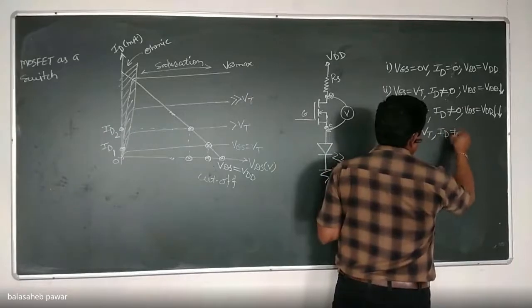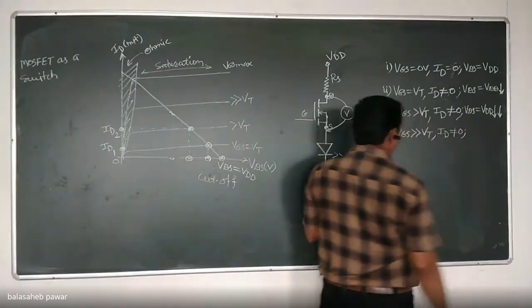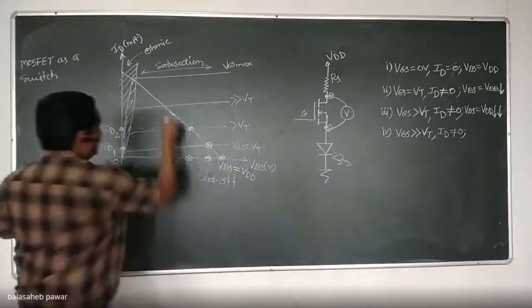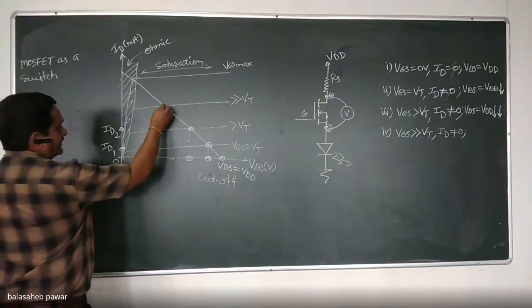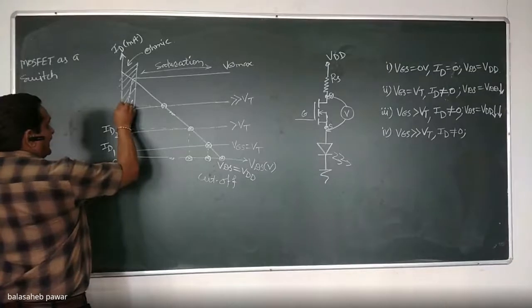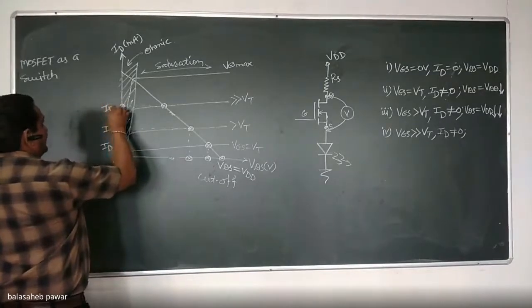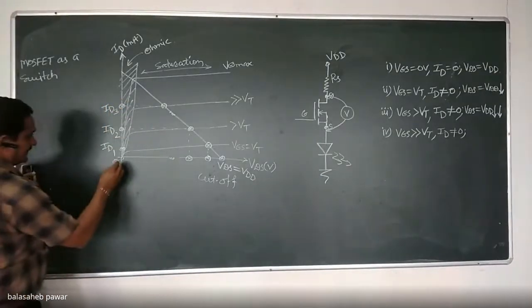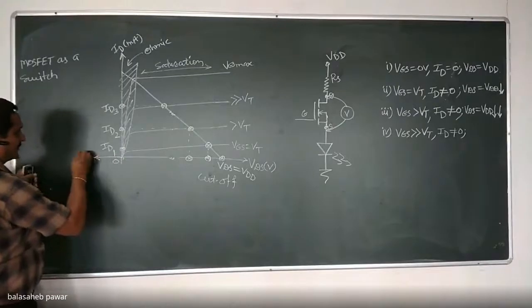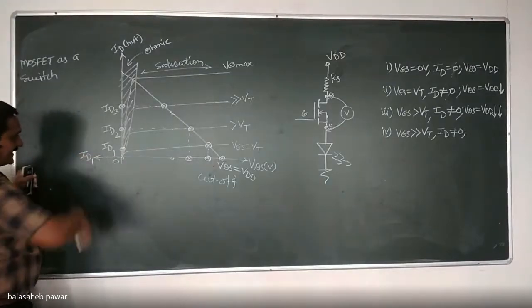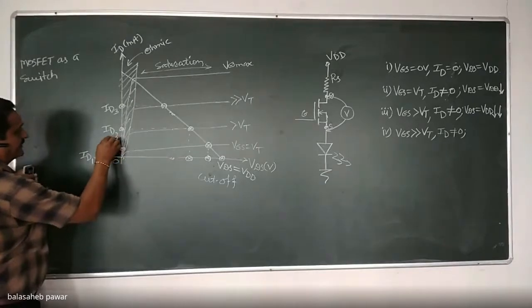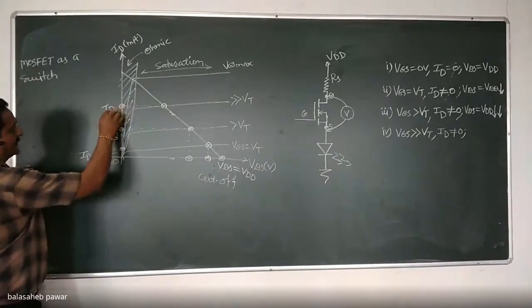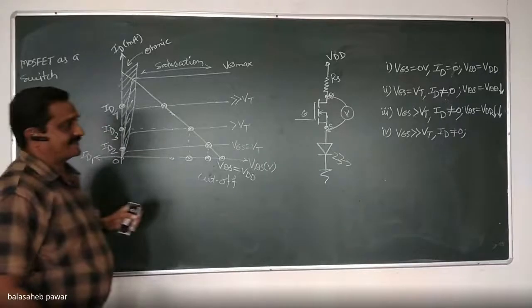Again, ID will not remain 0, but it will increase compared to the previous case. That means the transistor will be able to operate at this point, and hence this is our ID3. Actually, whenever ID equals 0 we consider it as ID1, this one as ID2, ID3, and this one as ID4, to keep that sequence consistent.